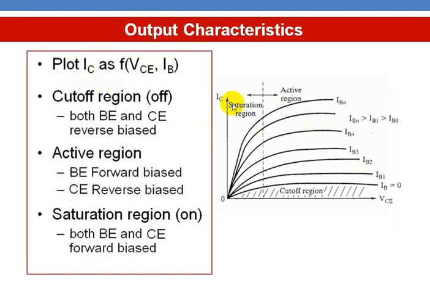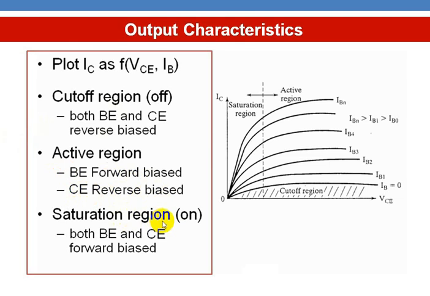Coming to the output characteristics, it is the curve drawn between IC and VCE, collector current and collector emitter voltage. Here, three regions are shown: cutoff region, saturation region, and active region. In the cutoff region, both the base emitter junction and the collector base junction are reverse biased. In the active region, the base emitter junction is forward biased and the collector base junction is reverse biased.